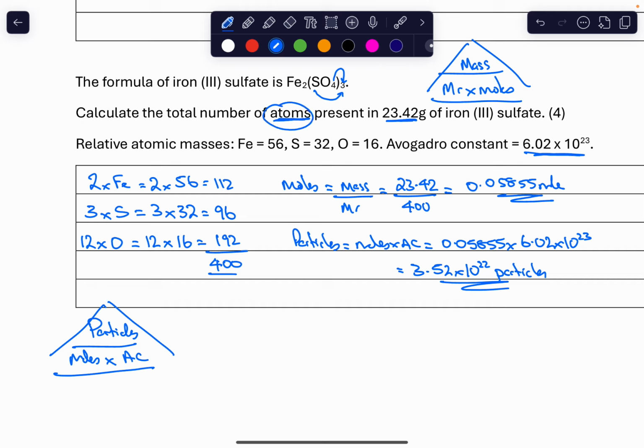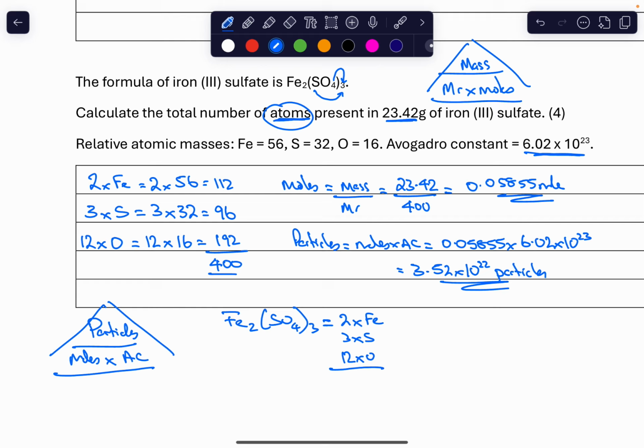atoms. So this is the number of particles of iron sulfate, but as you can see here, iron sulfate, Fe2(SO4)3, contains different numbers of atoms inside there. So we have to work out how many atoms there are. So we have got 2 lots of Fe, we have got 3 lots of sulfur, and 12 lots of oxygen.